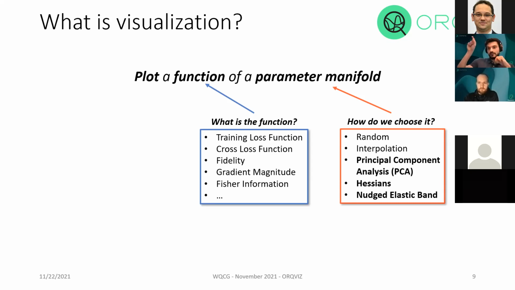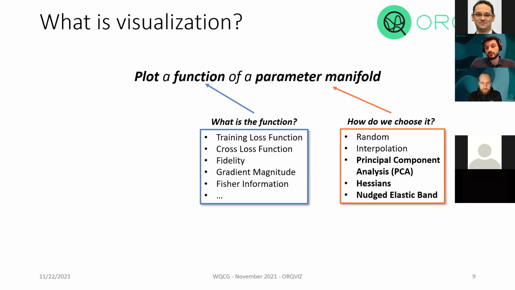You can't look at 10 dimensions, especially if from every point you evaluate your function, it's already 11-dimensional. So a parameter manifold should really be a very low dimensional manifold, 1D, 2D, that slices your high dimensional parameter space.